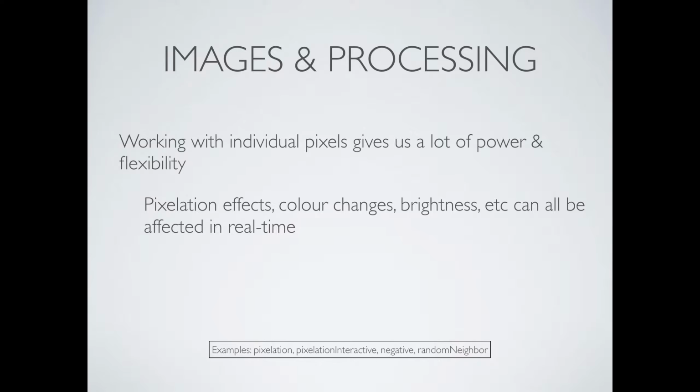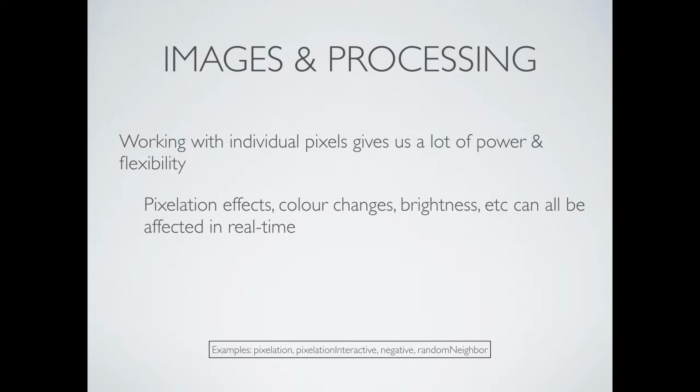And if we work with individual pixels, this gives us a lot of power and flexibility to manipulate our images. All the kinds of effects that you would see in Photoshop, for example, use this basic technique of getting the color of individual pixels and manipulating them in some way.